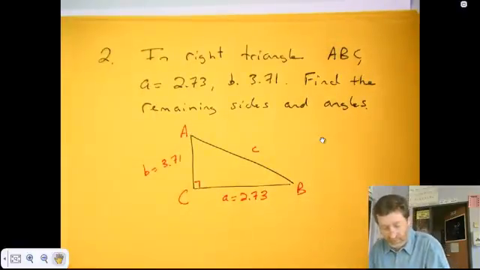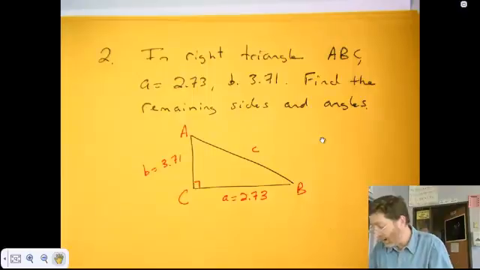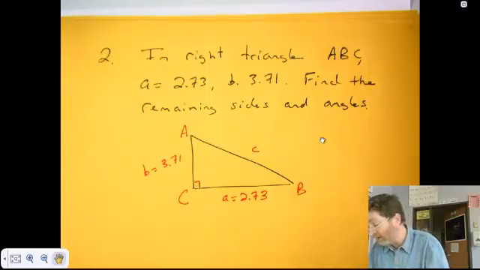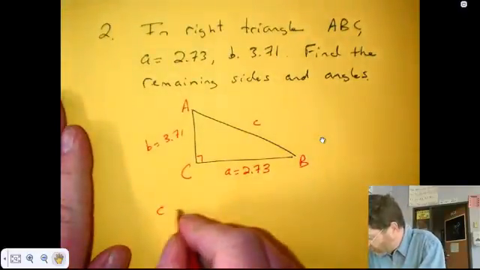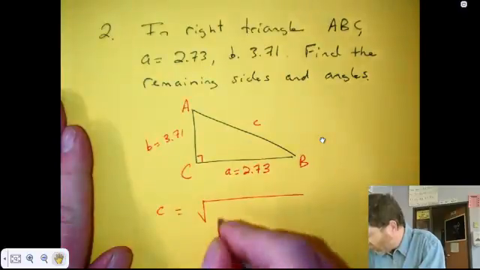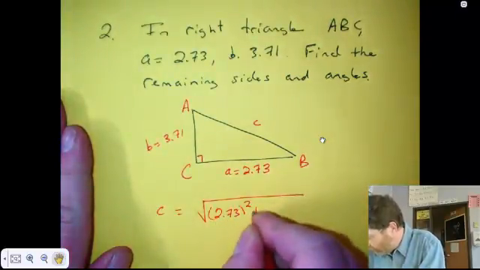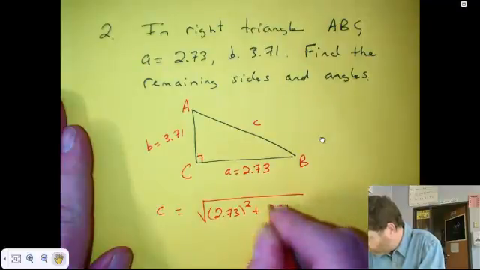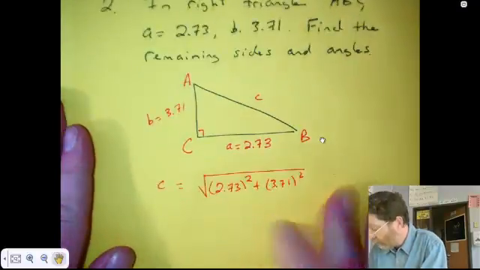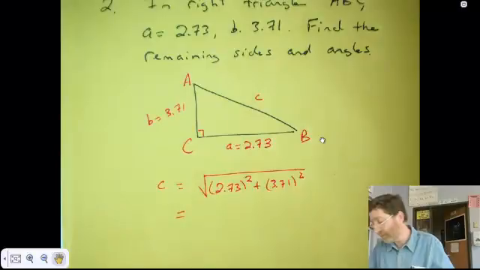I don't have any of the angles. And so, we can start a lot of places. If I want to find side C, I could use the Pythagorean theorem. Right? We know that side C would have to be the square root of A squared plus B squared.